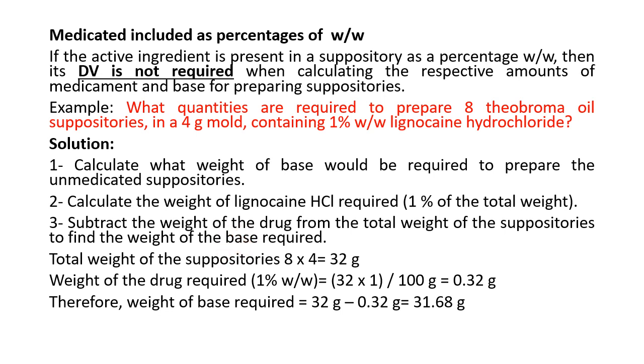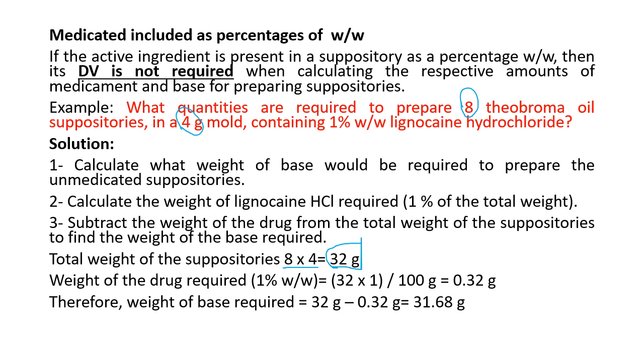So the weight of the suppositories will be 8 times 4, because the question asked to prepare 8 suppositories using the 4 gram mold. This equals 32 grams. So the total weight of the suppositories is 32 grams.